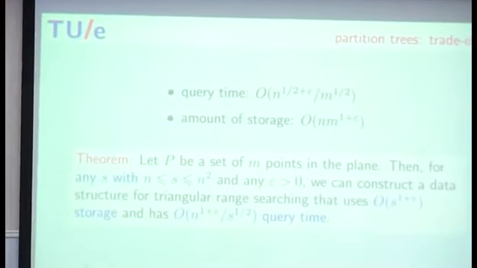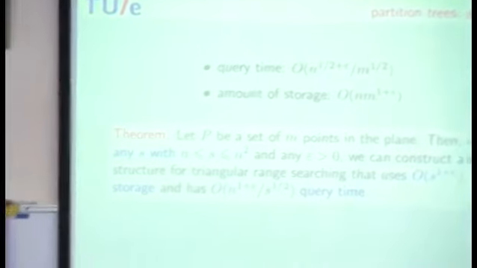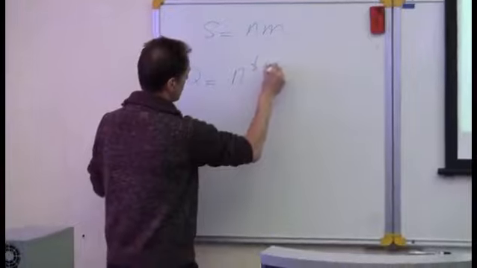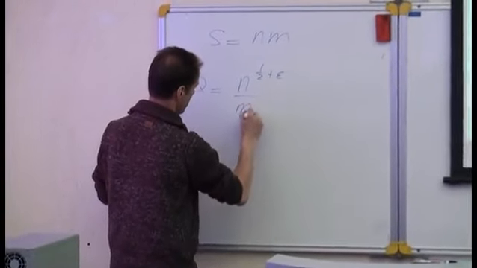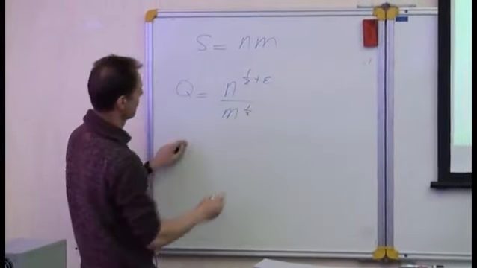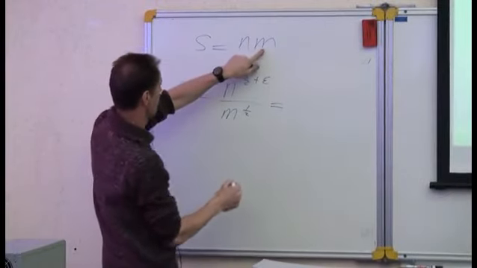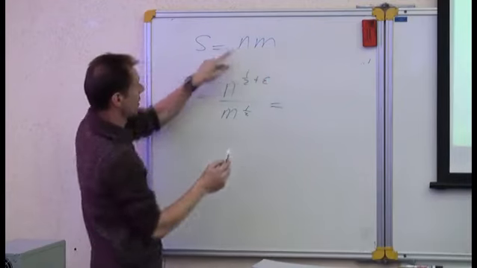So what's the query time? Well, that was n to the 1/2 plus epsilon divided by m to the 1/2, and m equals S divided by n.